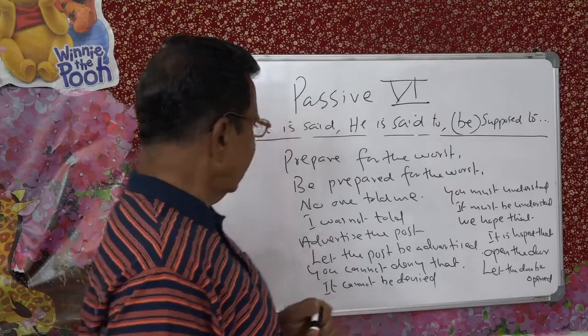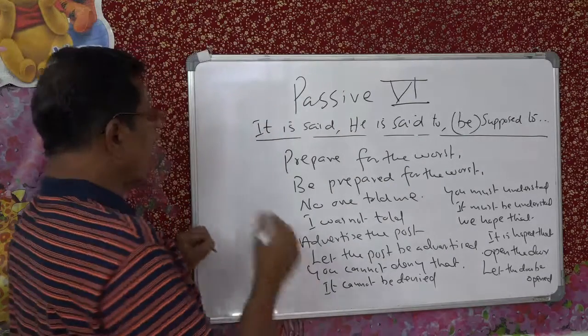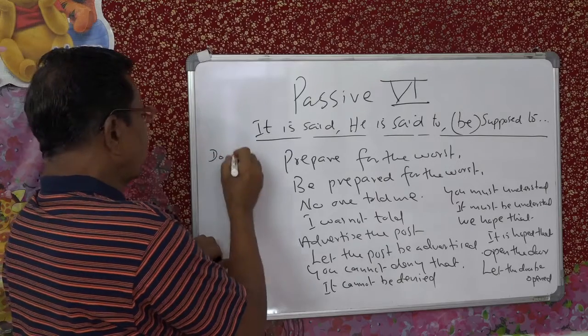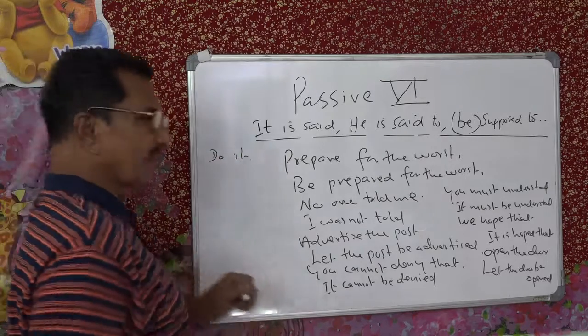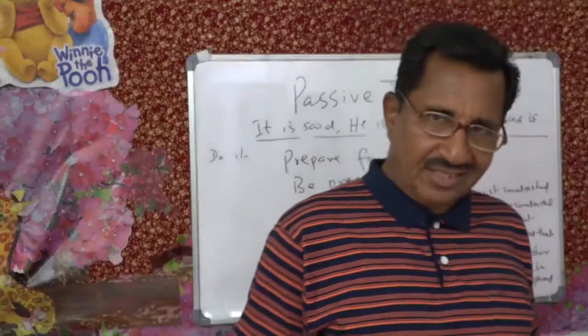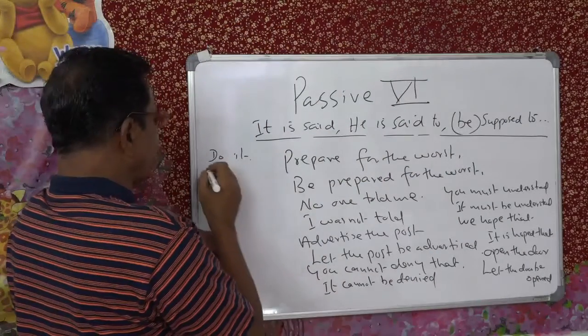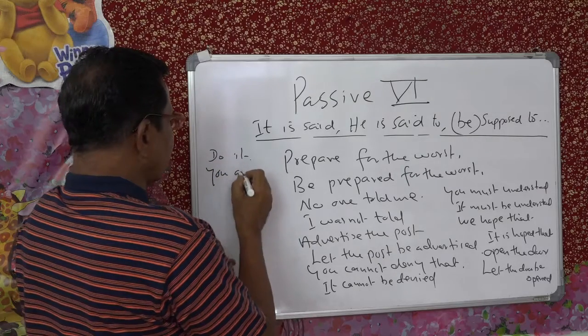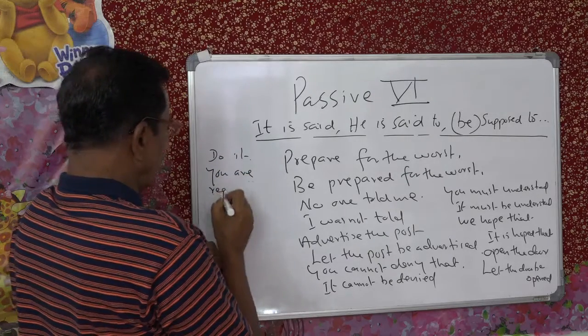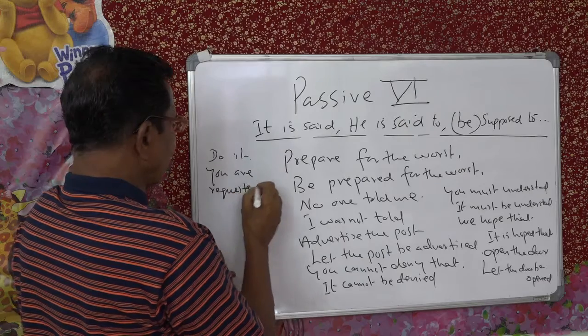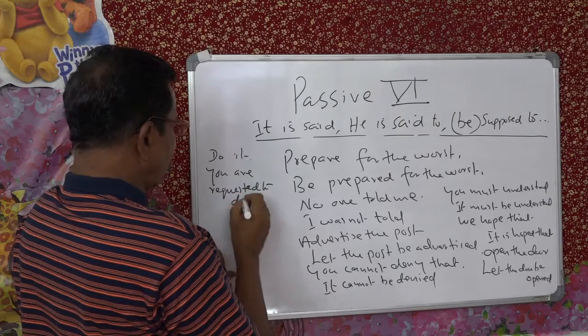Sometimes you get a sentence like this: do it. Then what is the passive? Do it. That's a command. Then you can use another passive opening: you are requested to do it.